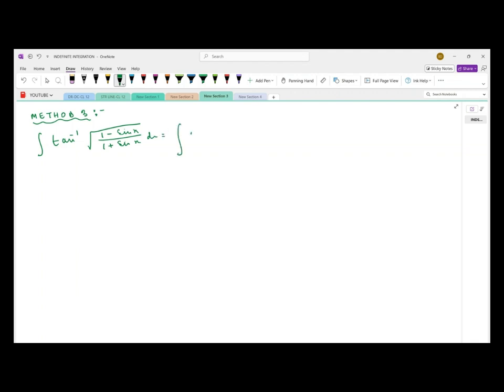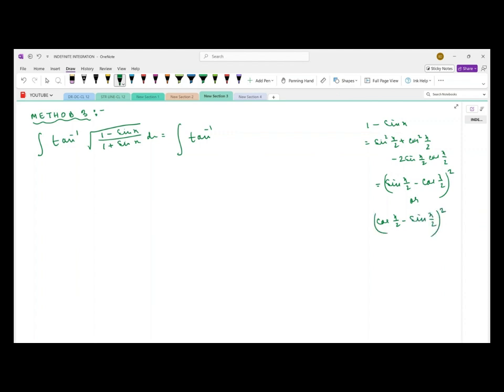So, you know that 1 minus sin x can be written as sin square x by 2 plus cos square x by 2 minus 2 sin x by 2 cos x by 2, and that means this can be written as either (sin x by 2 minus cos x by 2) whole square, or (cos x by 2 minus sin x by 2) whole square.